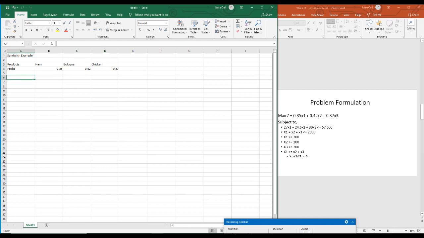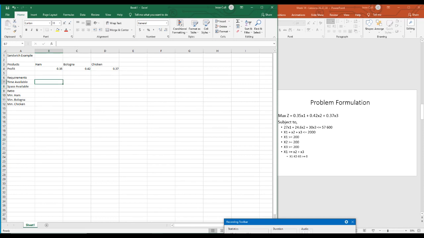And down here, very simply, our first one is time available, second, space available, third, ratio, min ham, min bologna, min chicken. These will be our 6 constraints.